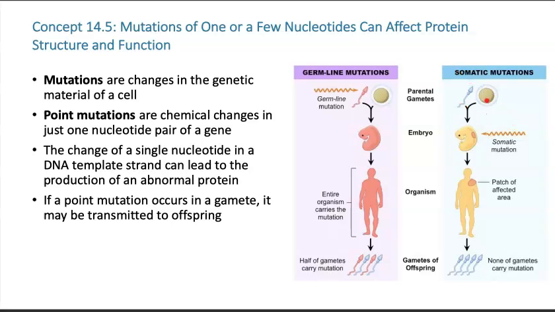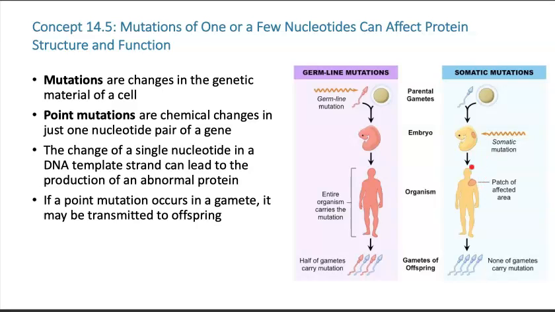On the other hand, you might have a somatic mutation, and a somatic mutation happens at some point after fertilization, but before you're finished developing. So in this case, what we have is a mutation in the embryo, and it happens in the shoulder region. Not sure why they picked the mutation there, but that's where they picked it to be.